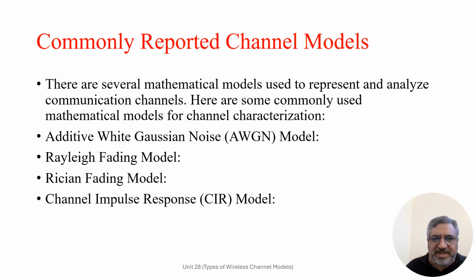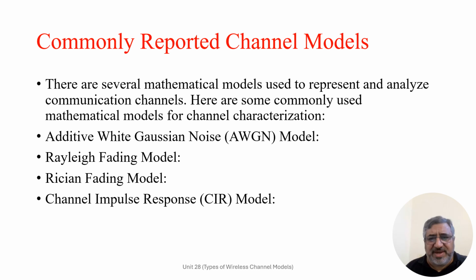There are several mathematical models used to represent or analyze communication channels. Here we discuss commonly used mathematical models which are reported in the literature as well as in textbooks. The most important is the additive white Gaussian noise model, which is called the AWGN model.